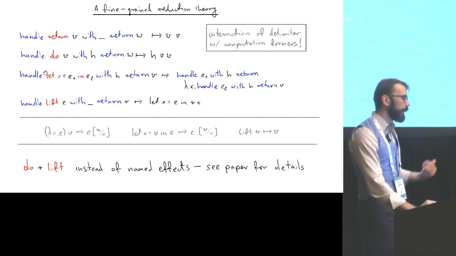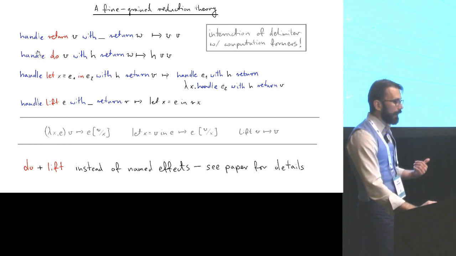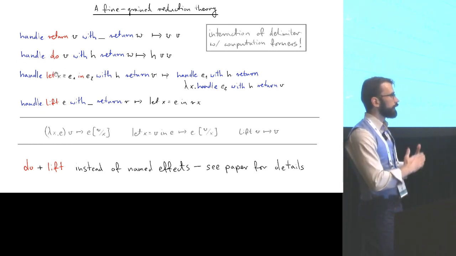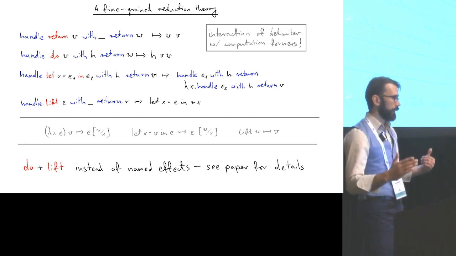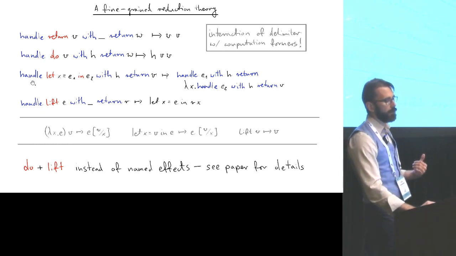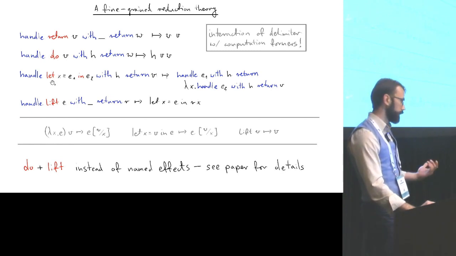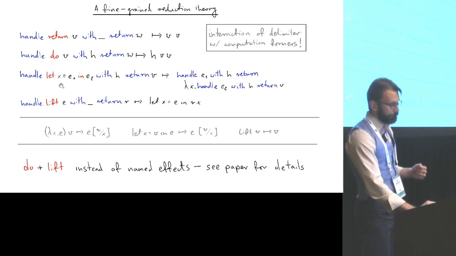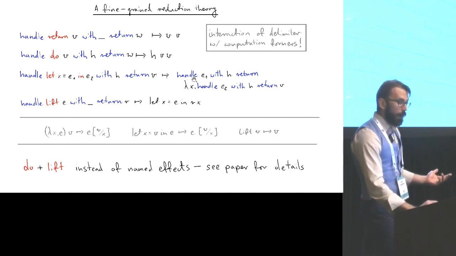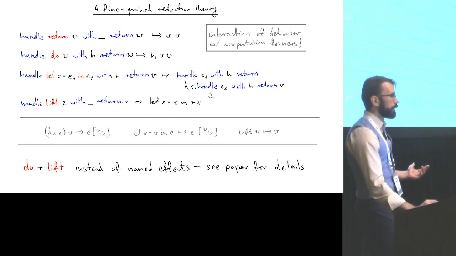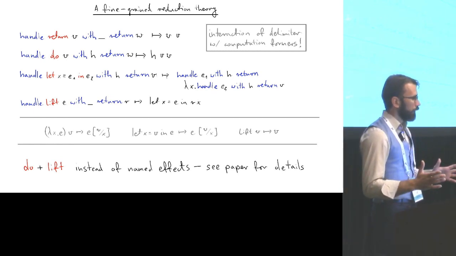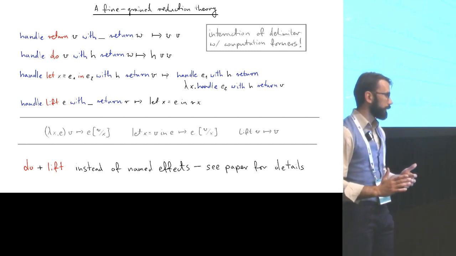And the idea then is, well, we will get to the point where all the contexts look like that by successively eating the intervening context. So successively looking at how the handler interacts with the let expressions mostly, so with the other computation formers. And in the rule for the handler interacting with the let, what we see is that the handler gets duplicated. For those of you who know about these things, this is what makes the handlers behave as deep handlers.